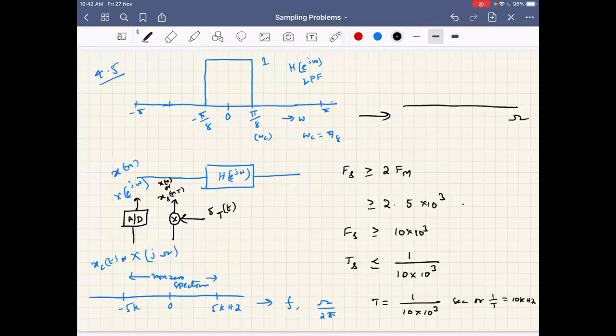Small omega is equal to capital omega into T, so capital omega is small omega by capital T. Small omega is given here, and 1 by T is 10 kilohertz, so you should multiply with 10 kilohertz to get the spectrum here. How much should I get?